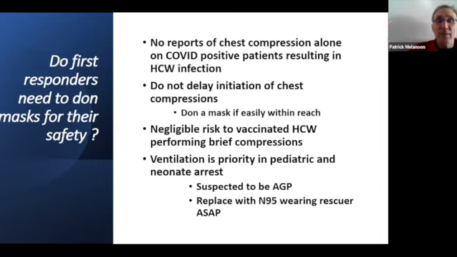for COVID and for most pediatric and neonatal arrests, usually ventilation and oxygenation is the priority.